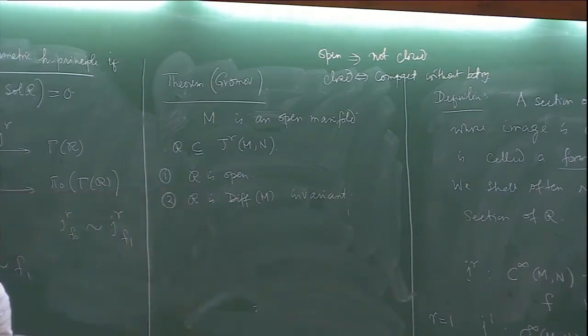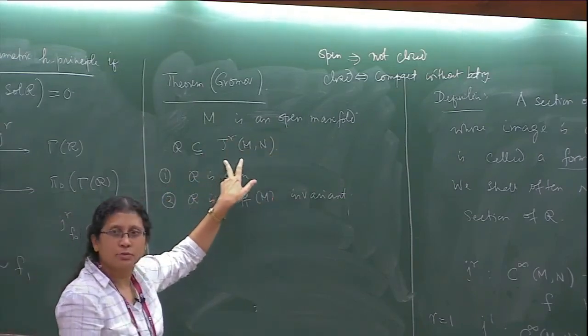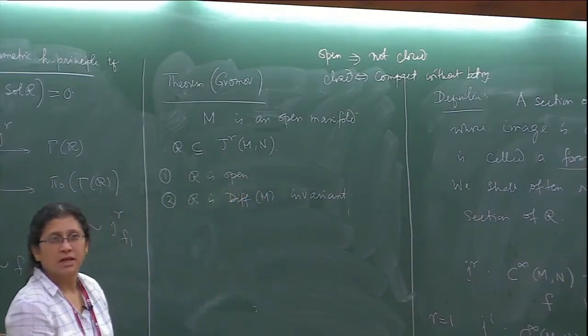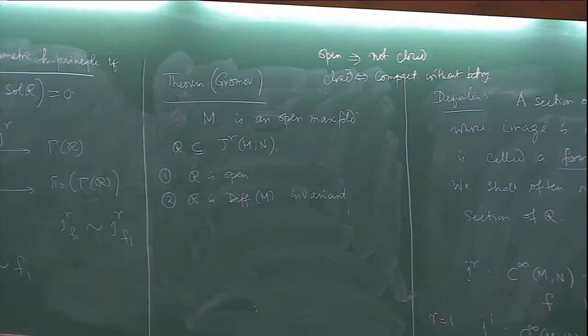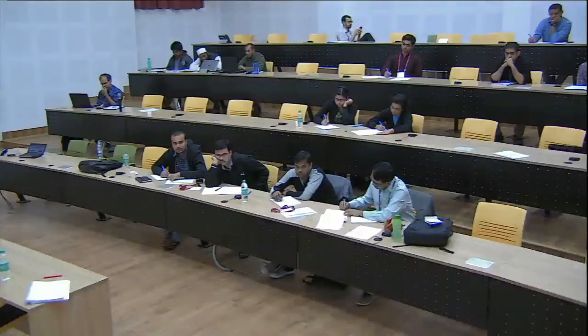R is open means, see, R is sitting inside this. This has a topology. It is just an open subset of that. See, that means it is again ruling out the equations. Equations will give you only a closed subset in the jet space. Equality means that.